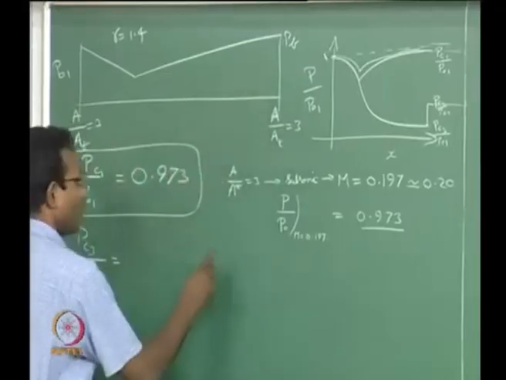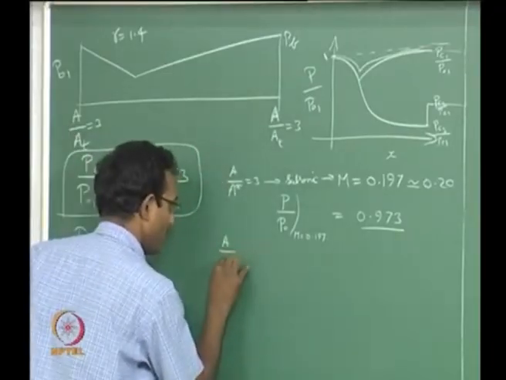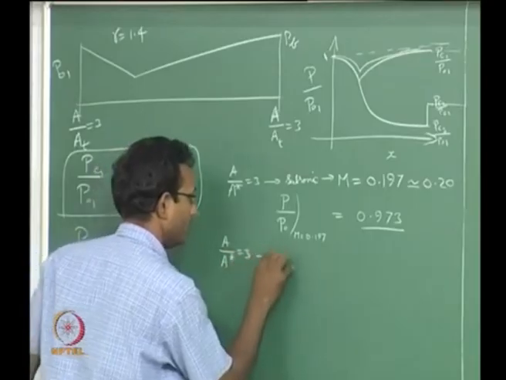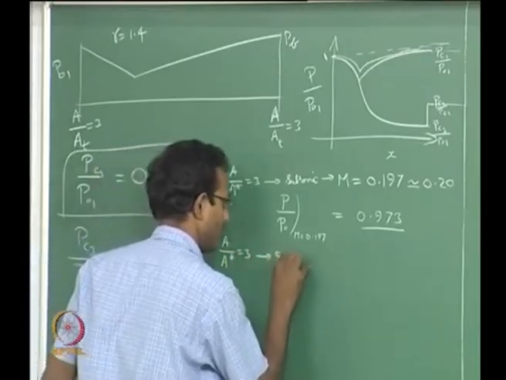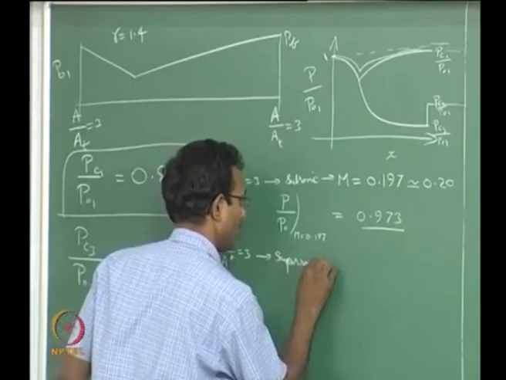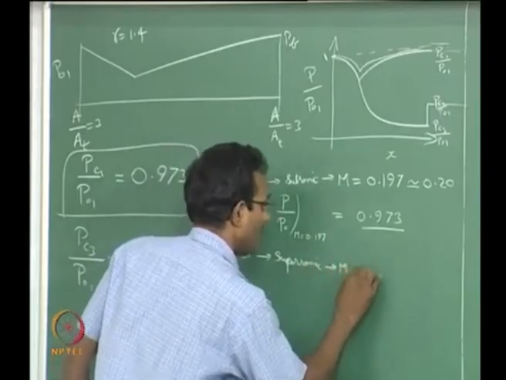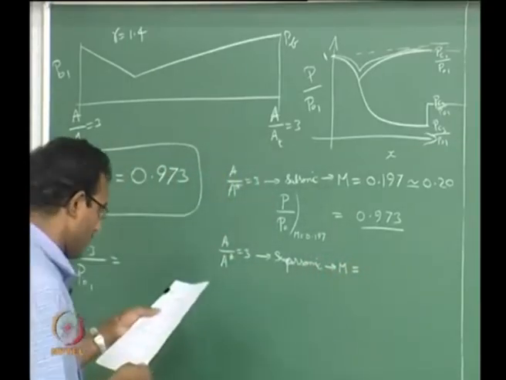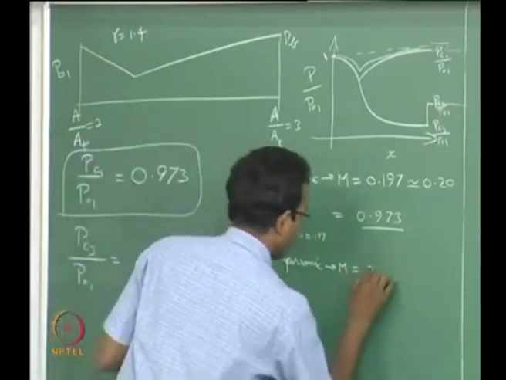So I just have to go and use A by A star equal to 3, supersonic solution, and look up tables, and you will get a Mach number of 2.64.